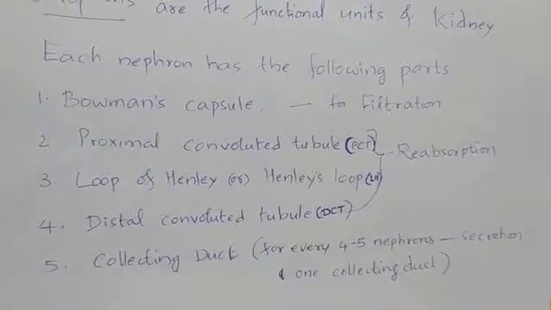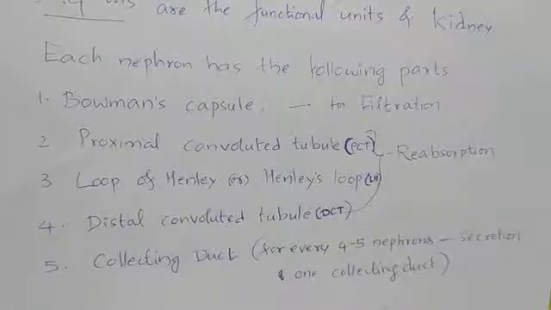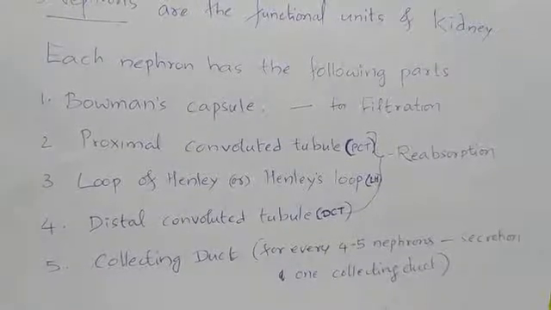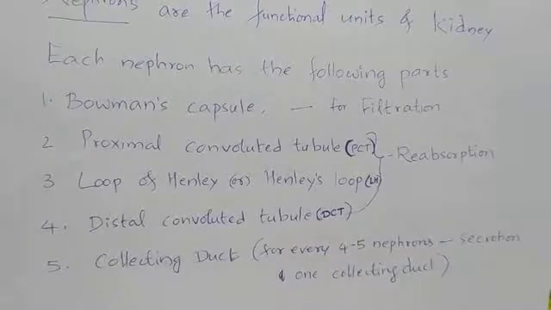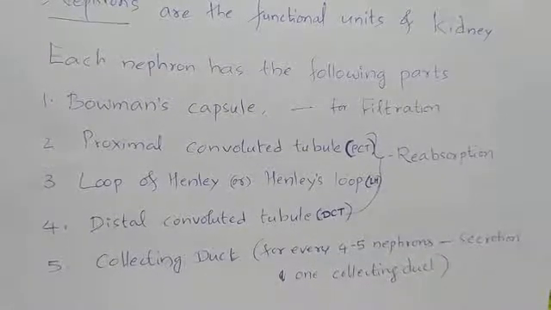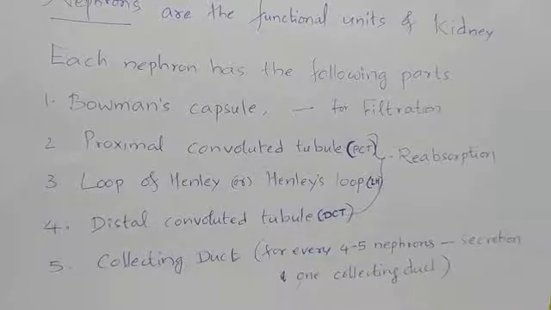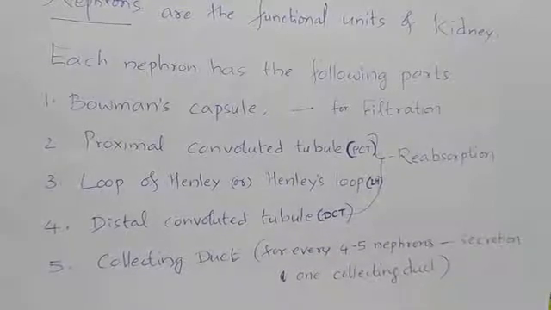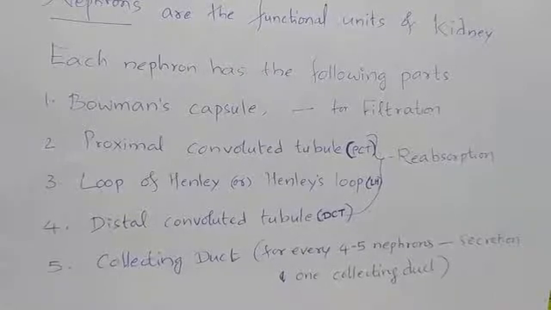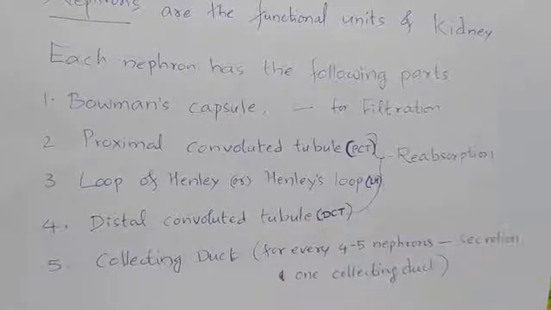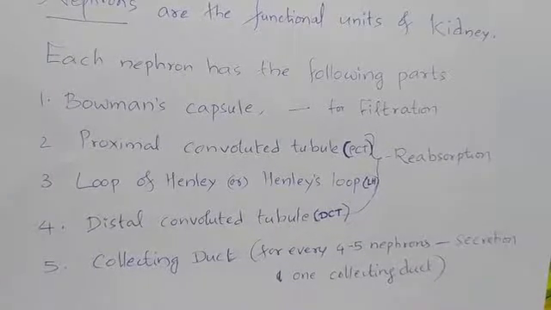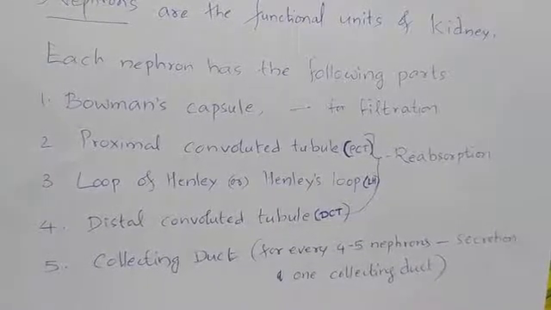Bowman's capsule has a tuft of capillaries inside it, known as glomerulus. Near the Bowman's capsule, proximal meaning near, there is a convoluted or spring-like folded tubule, known as the proximal convoluted tubule.